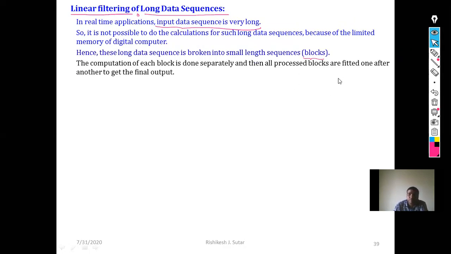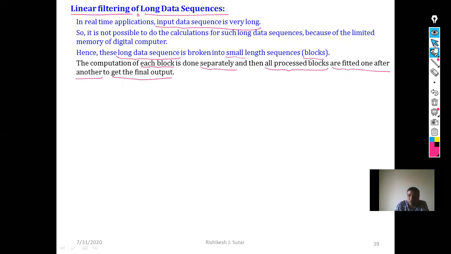I do the computation for each block separately, and then all the processed blocks are attached one after another to get the final output.